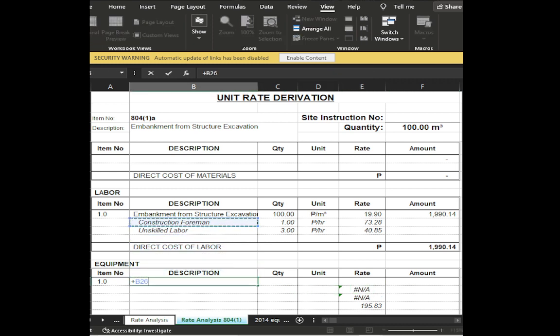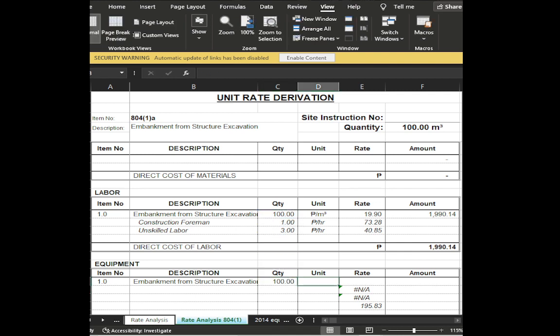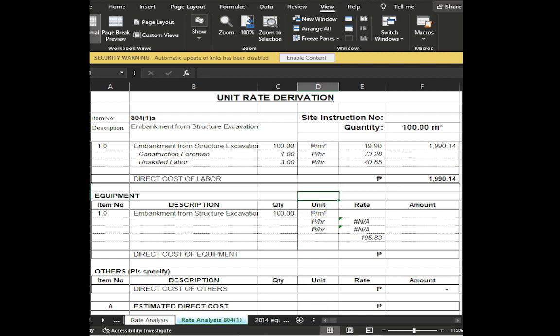So for the equipment, the same quantity and the same unit, so we will use plate compactor and backhoe.